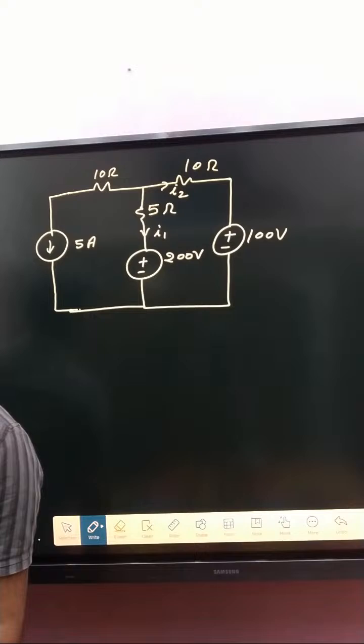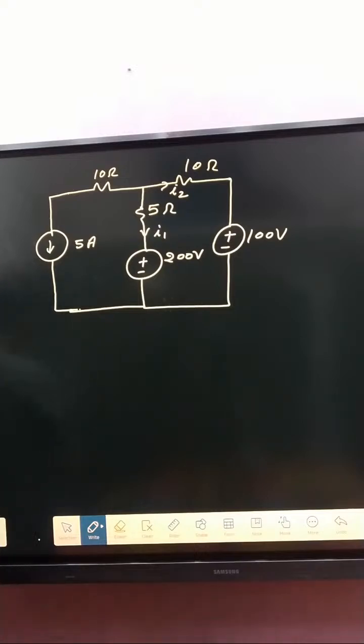of nodal analysis. If the question mentions the help of nodal analysis, you can always apply nodal analysis. Clear? If anyone faced doubt, then tell me, sir, please explain, otherwise I will go on. Okay. So how can I do it?